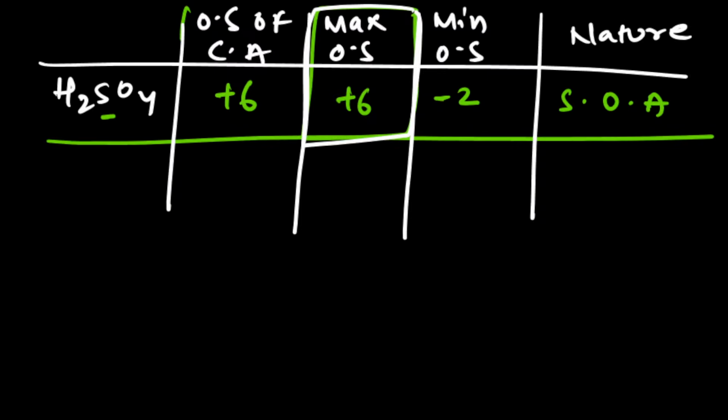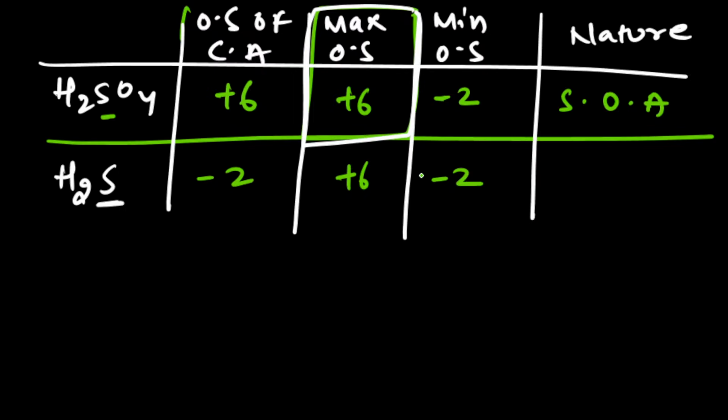Next, let's suppose if they have given H2S. Now, sulfur oxidation number here is -2. Maximum oxidation number is +6, minimum oxidation number is -2.